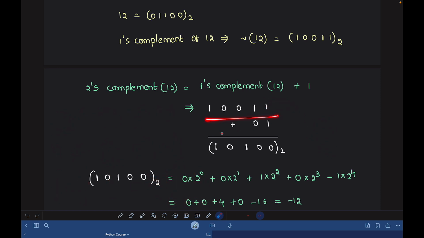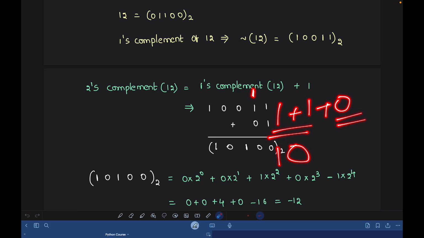Now let's try to add these two binary numbers. So here we have 1 and 1. So the value will be 10. So we take 0 here and we send carry here. Now here we have 1 plus 1 plus 0. 1 plus 1 will give you 10 and plus 0 will not add anything.